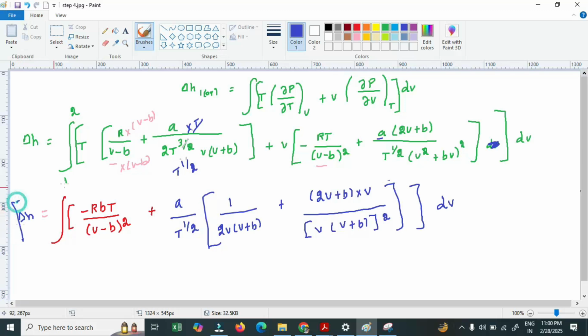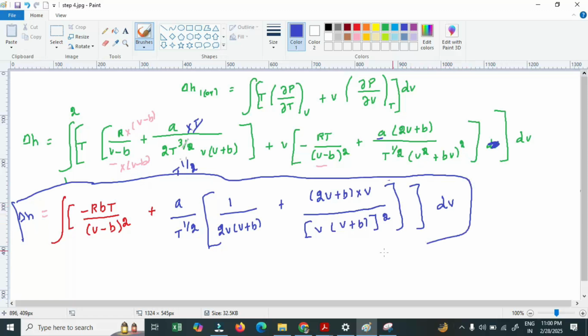So this is minus RBT divided by V minus B power 2, plus A divided by T power 1 by 2, times 1 divided by 2V, V plus B, plus 2V plus B divided by V multiplied by V plus B power 2 dV. Let us see how this can be integrated and solve the problem.